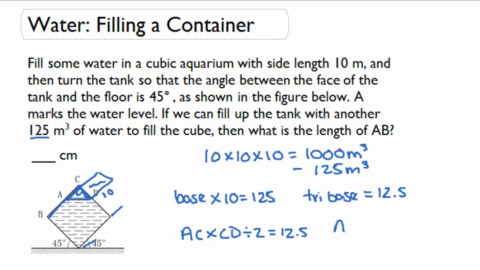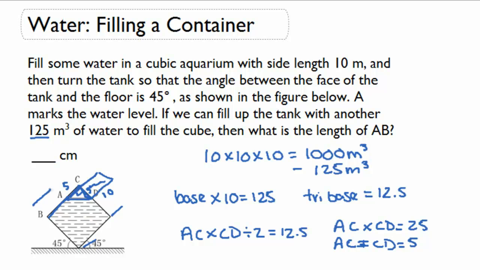So, AC times CD has to be equal to 25. Since we know that AC is equal to CD, then we know that they both have to be equal to 5, the square root of 25. This means that AC is 5 and CD is 5.